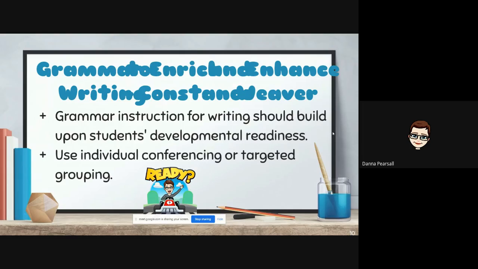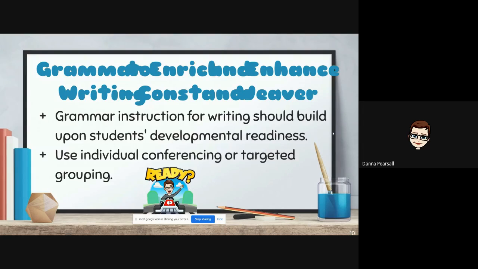So, for example, students are assigned a writing piece, and you call students to your desk, or you go to them, however you want to do it, and you talk to them about their writing, and you're going to see patterns in the things that they are struggling with or the things that they are really good at.